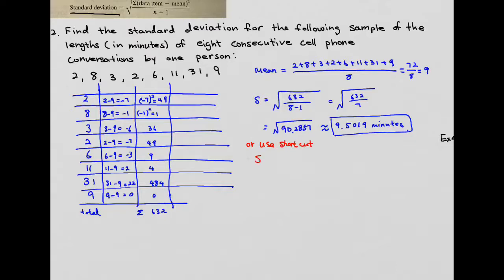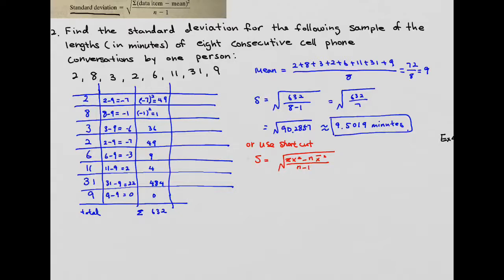So your standard deviation is going to be found by the square root of the summation of x squared, minus n times x-bar, your mean, squared, divide this by n minus 1.